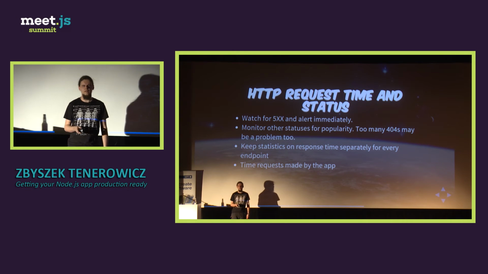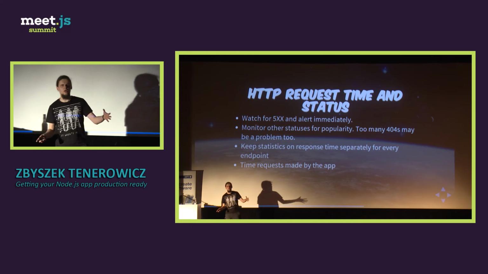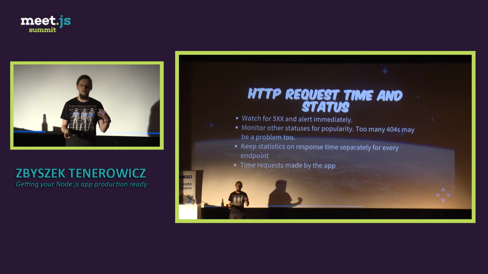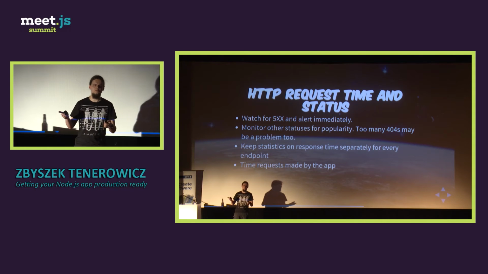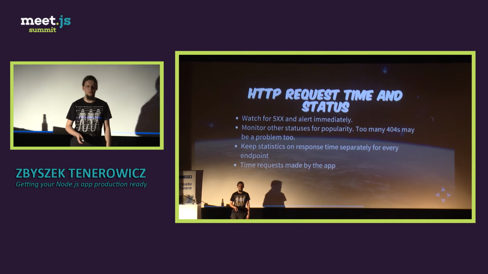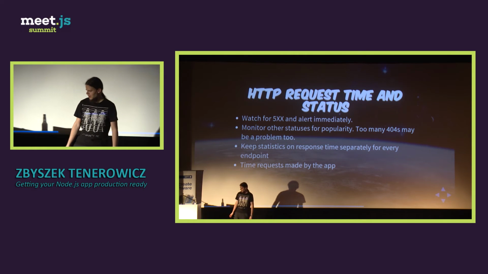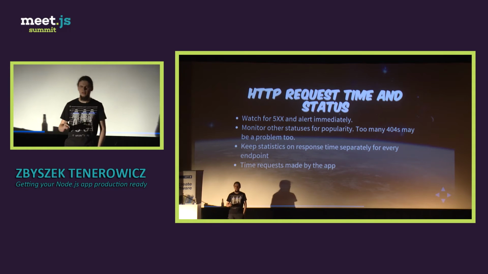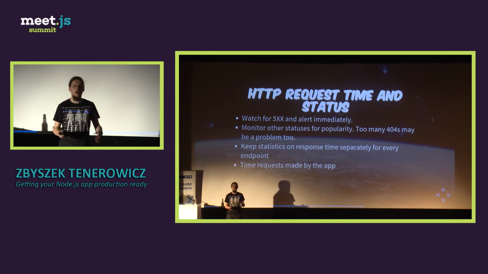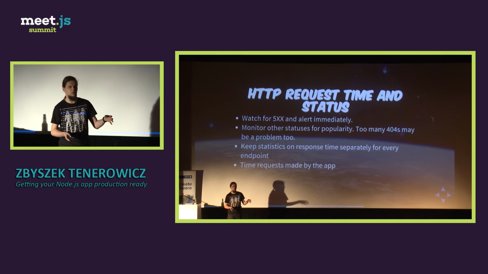And now if you have a cumulative log of everything your app returned, you will get the information that the number of 404s increased in one of your 25 API endpoints. That's useful. So make sure you have enough data and have some statistics about how long it took, even depending on the status code you returned.